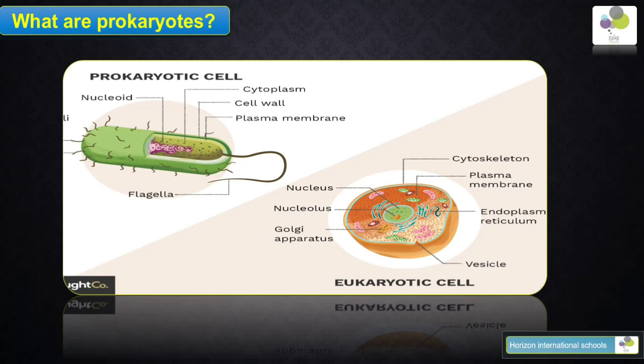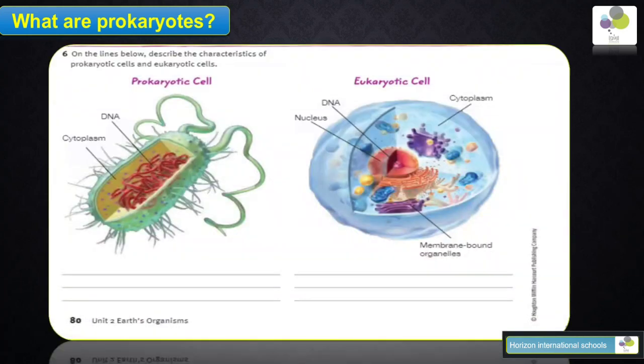So guys, if we look at page 80 in the book, you can find the questions asked about the characteristics of prokaryotic cell and eukaryotic cell. Remember that the prokaryotic cell is the cell found in prokaryotes, and the eukaryotic cell is the cell found in eukaryotes.